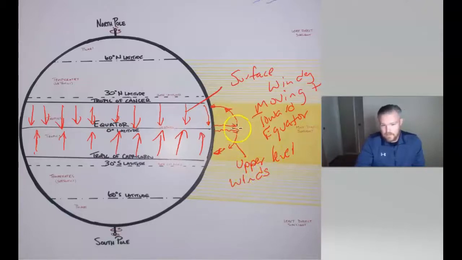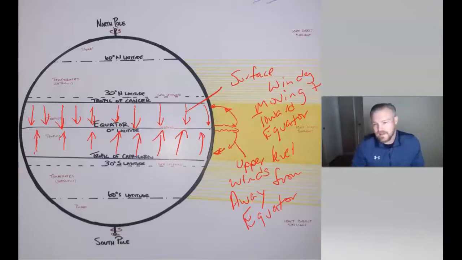And those would be moving away from the equator. So we'll just say away from equator. Right? If we've got that, then we're in pretty good shape to start developing this a little bit more.